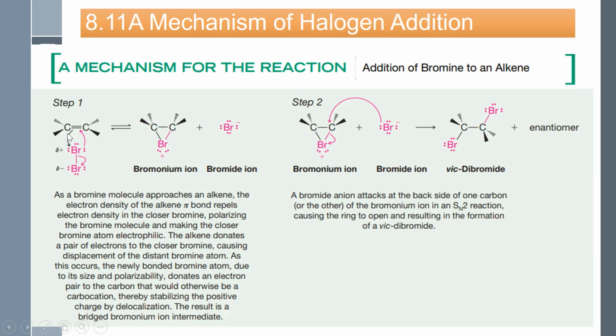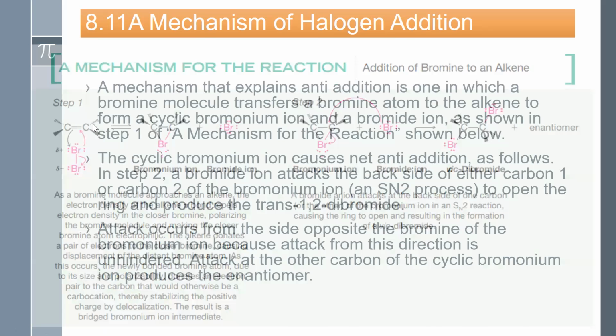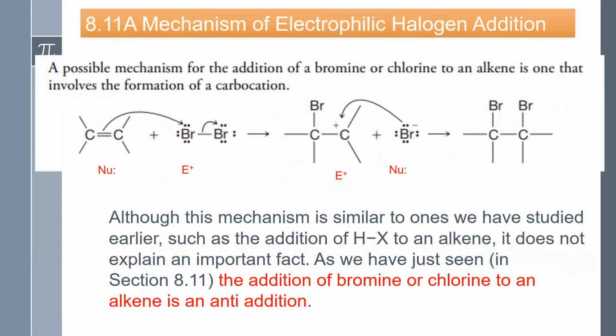Once it's near this one, these electrons will attack the bromine. Once it forms a bond here, the bond will be carried to the other bromine atom, and it becomes partially positive. But even if you get a partial positive charge, it can be easily stabilized by the adjacent bromine here, which is electron rich.